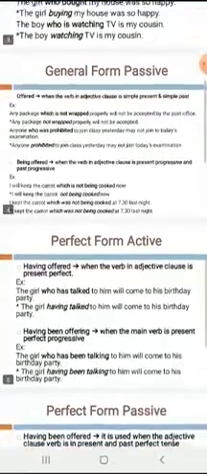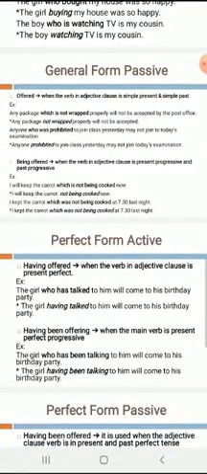This is general form passive, okay. So similar to the previous slide, you have to identify the verb that is used in the adjective clause, whether it is passive or active, and which tenses exist in the sentence.